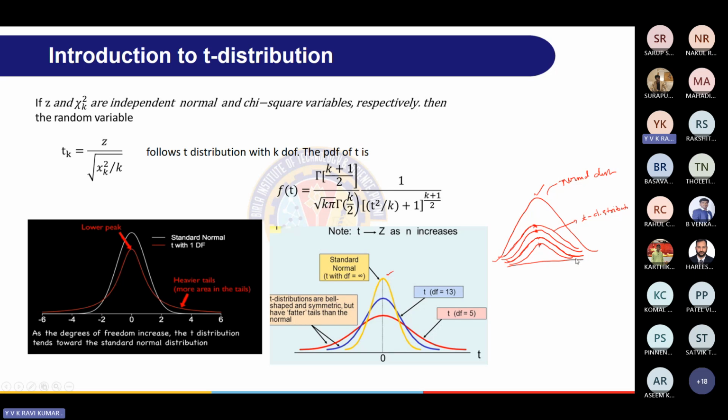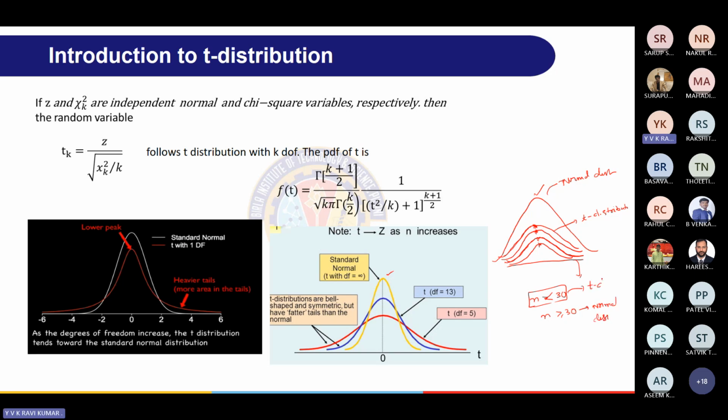Here it is observed that the sample size is less than 30, then it flattens, like what I mentioned. So it removes something, it flattens. So it is more delicate. If it is greater than or equal to 30, there won't be much change. That's where it follows the normal distribution.